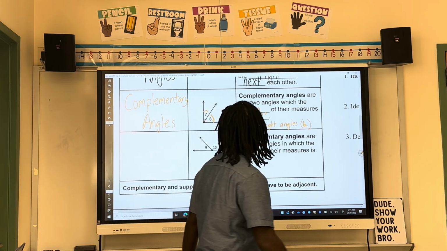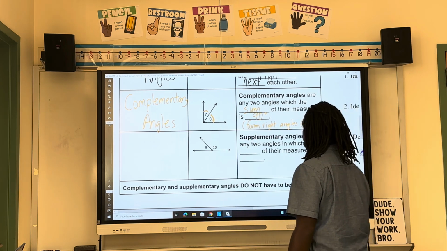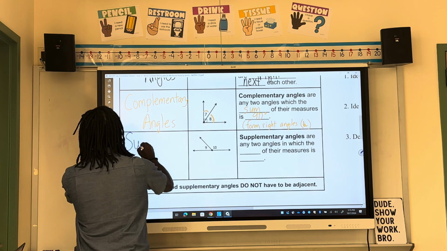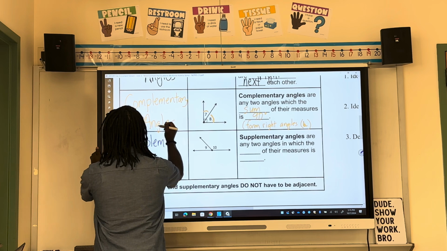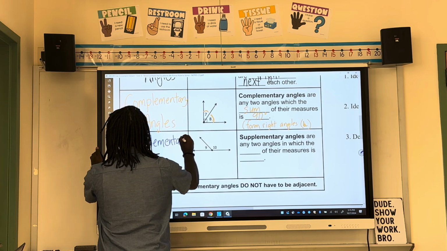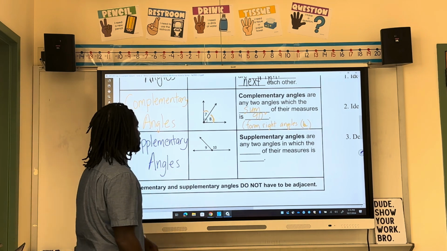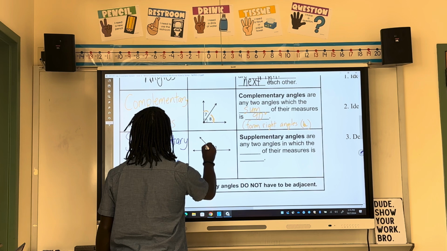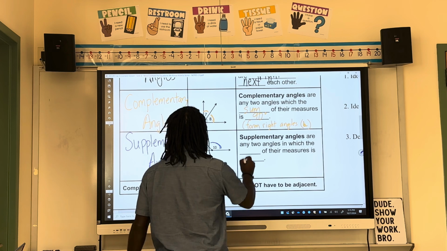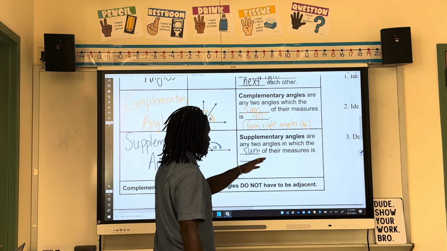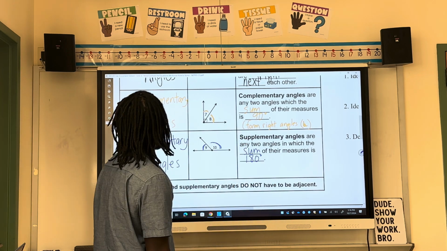And then lastly, supplementary angles. Supplementary angles are angles that add up to, the sum or the total of their measures equals, 180 degrees.